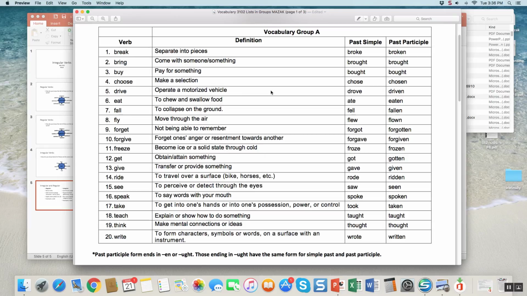And finally, look for patterns even when it doesn't seem like there are patterns. That will help you to memorize the forms, the past simple and the past participle form.